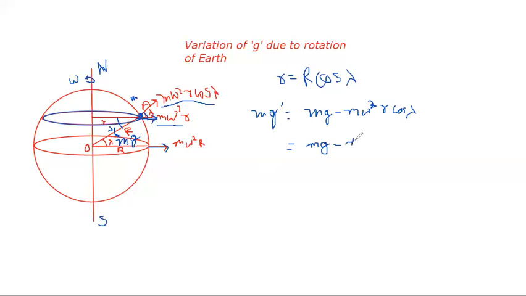Mg minus m omega square, instead of small r we can write capital R cos lambda. So the equation becomes capital R cos square lambda. So mg dash is this.